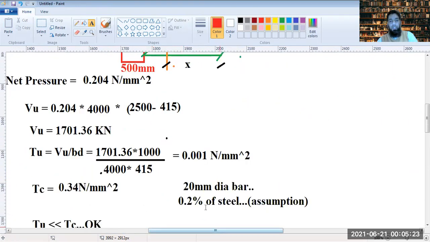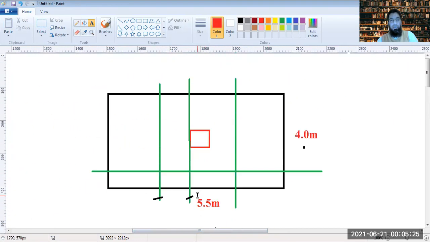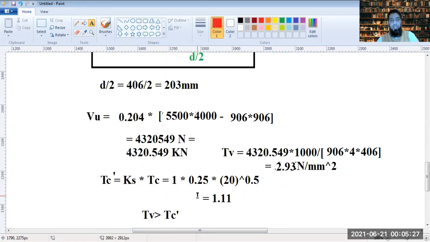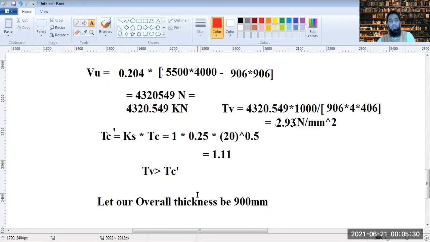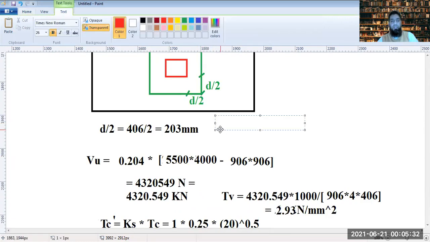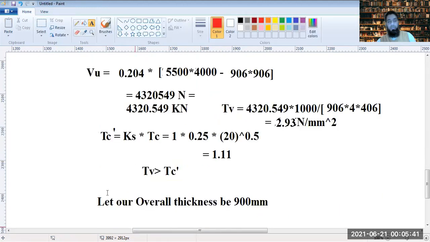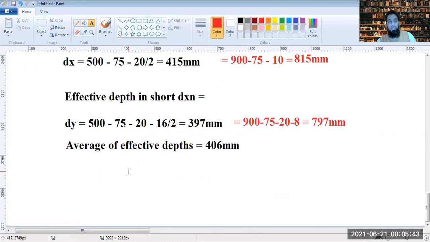Then one-way shear, we do not need to check that because it was already not failing even for that thickness. So now d would be, not 900, the average of the two.